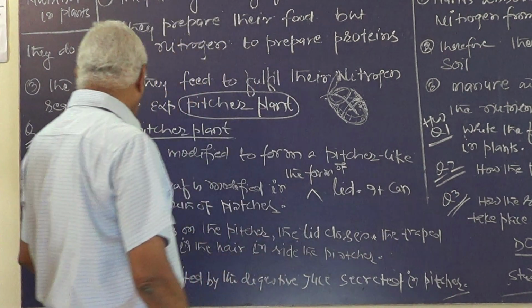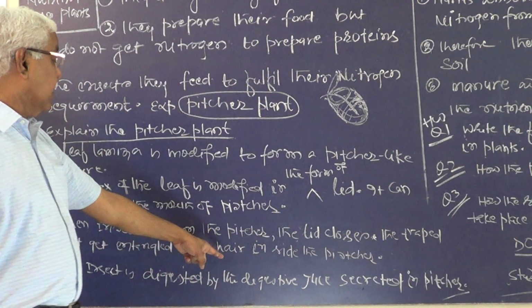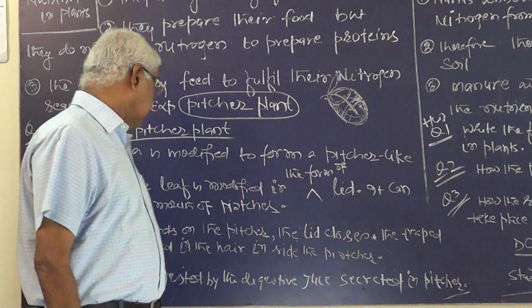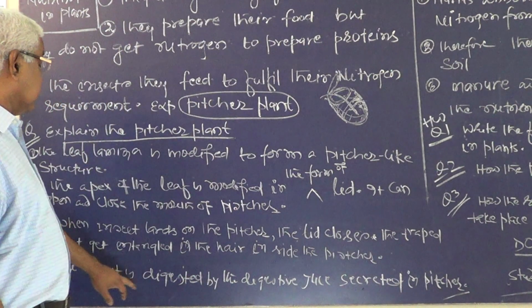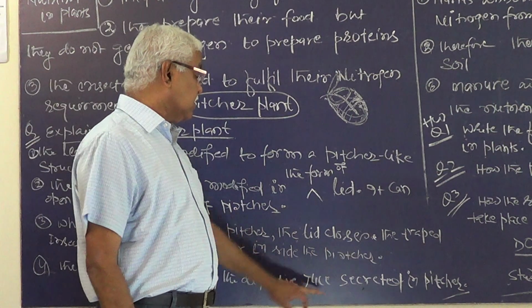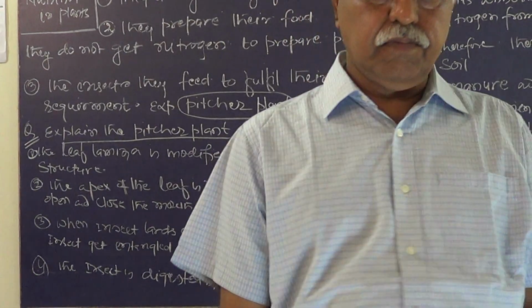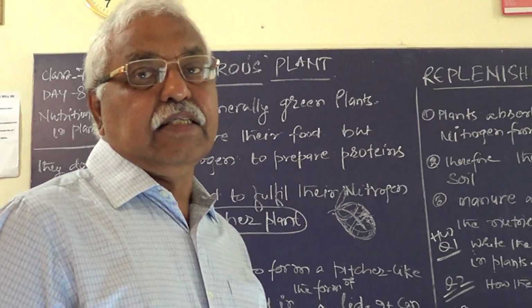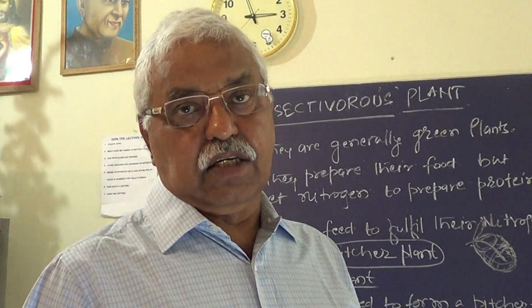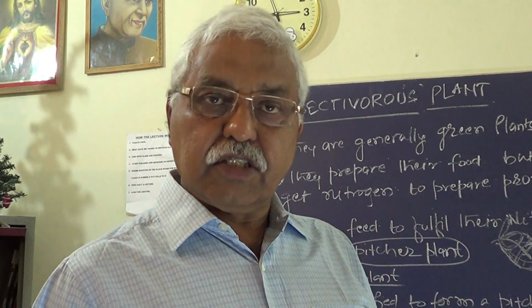The trapped insect gets entangled in the hair inside the pitcher. The insect is digested by the digestive juice secreted in the pitcher. Okay? So, finally, they are able to take the nitrogen from the insect.